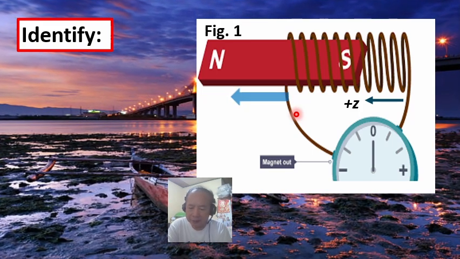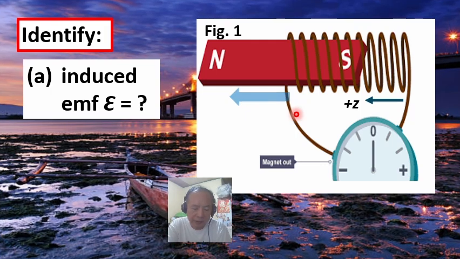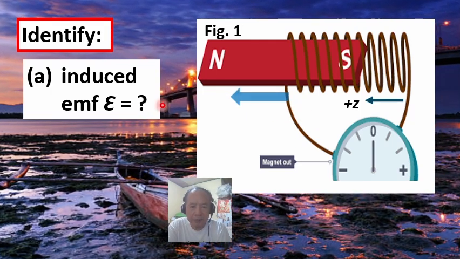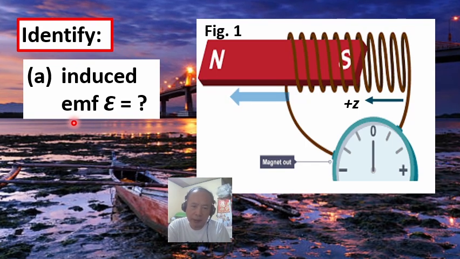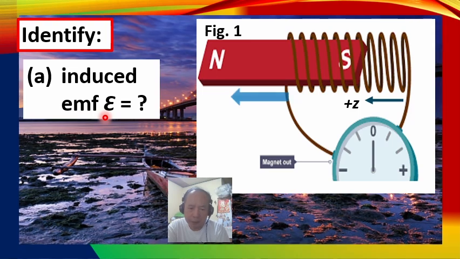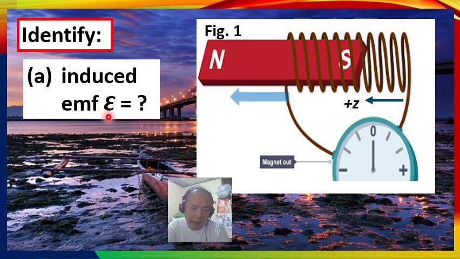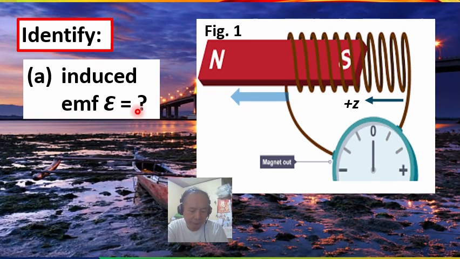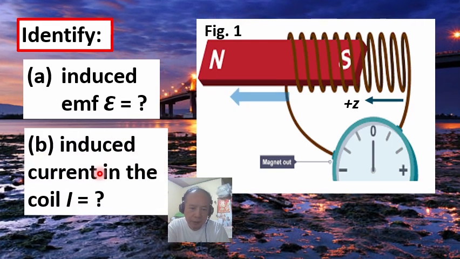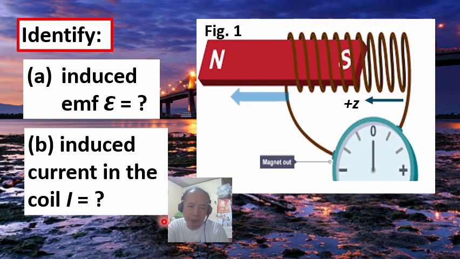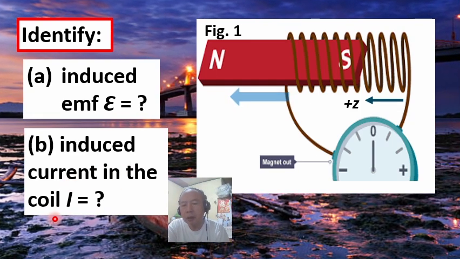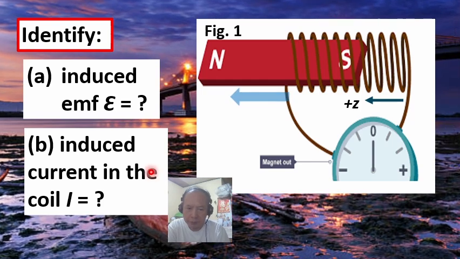In part A, our target variable is the induced electromotive force, or EMF, denoted by the Greek letter epsilon. In part B, another target variable is the induced current in the coil of wire.